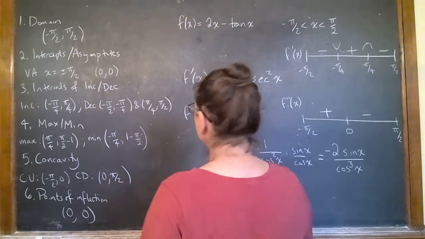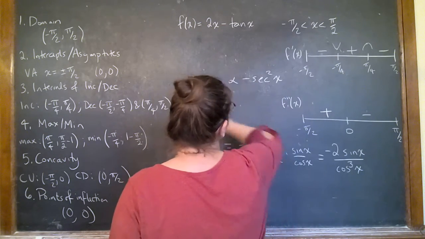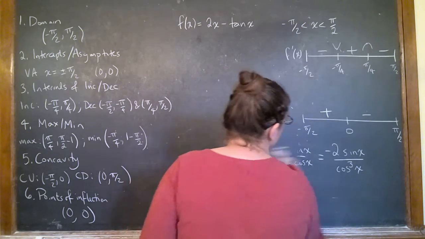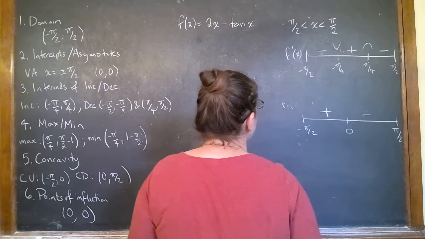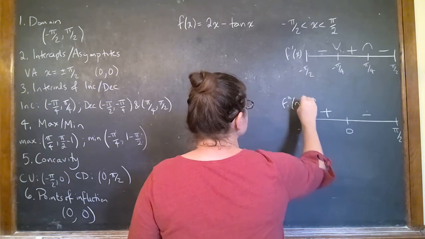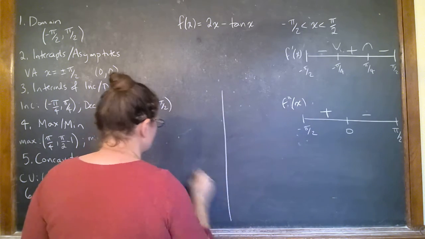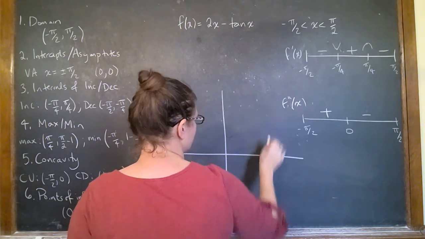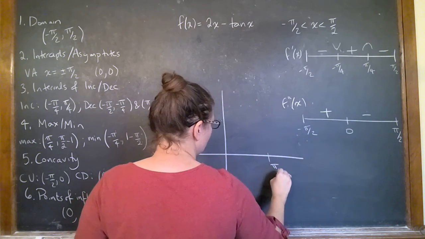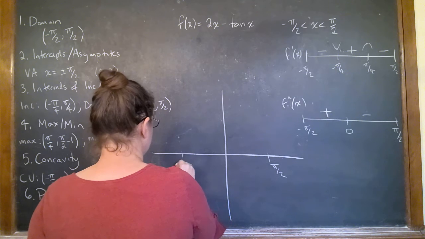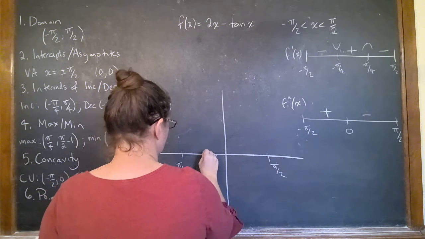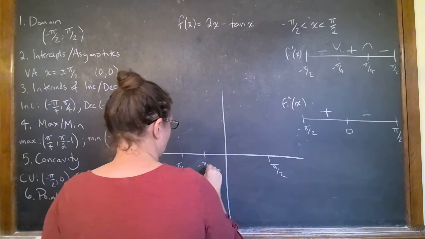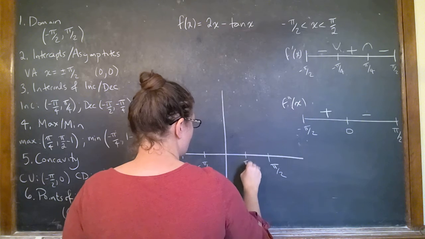All right, so let's put all this together into a graph. Here, let's do this as pi over 2. This is minus pi over 2. So this would be minus pi over 4. This would be pi over 4.